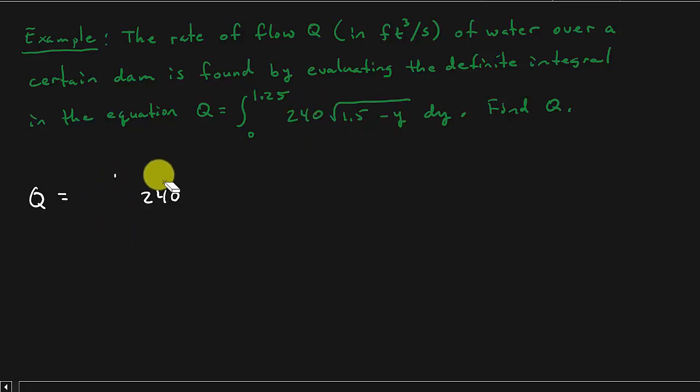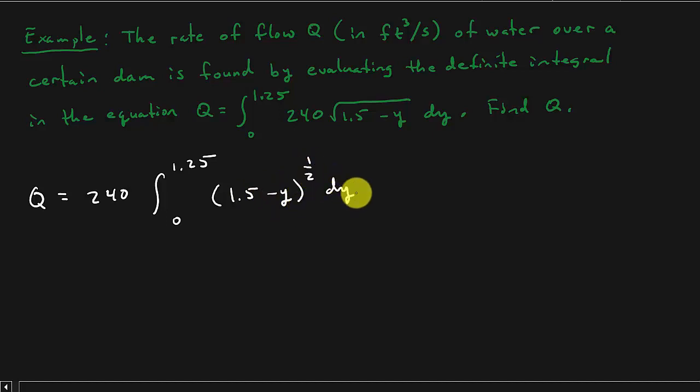So let's go ahead and bring that 240 out. And so that's going to be 0 to 1.25. And let's write this as 1.5 minus y to the 1/2 dy. All we're doing is just setting it up like we're going to need it.